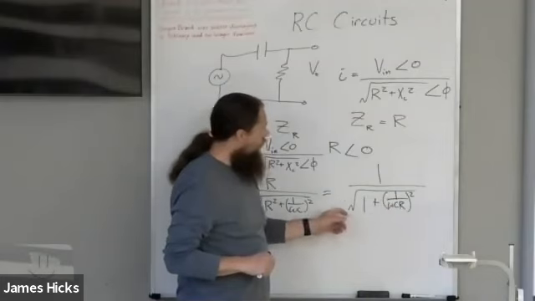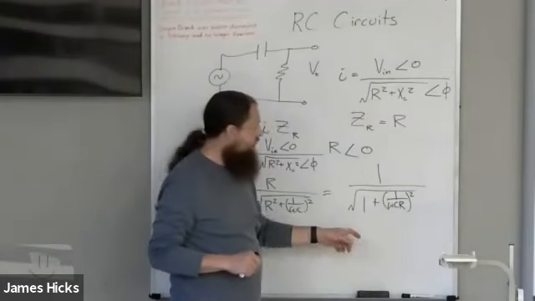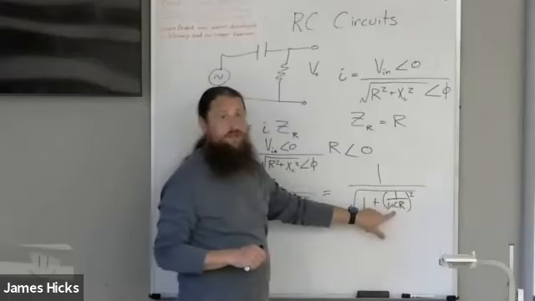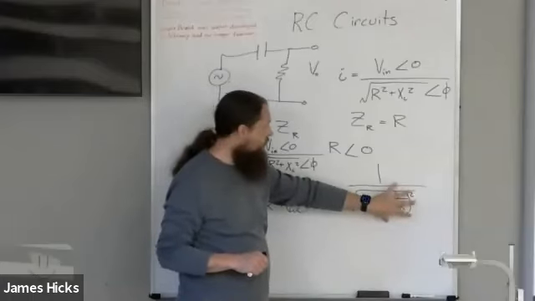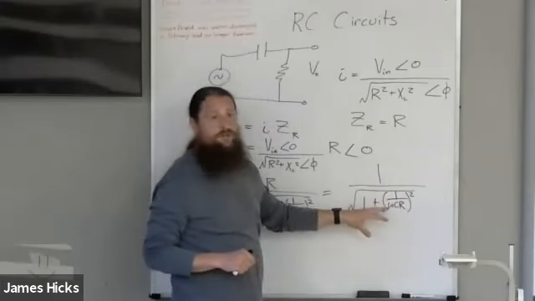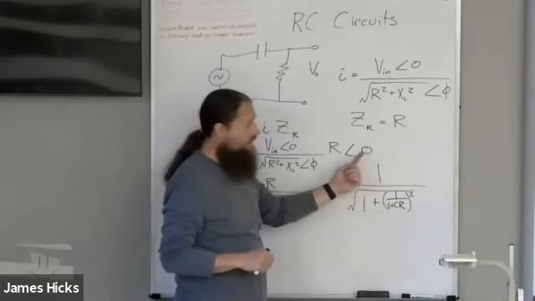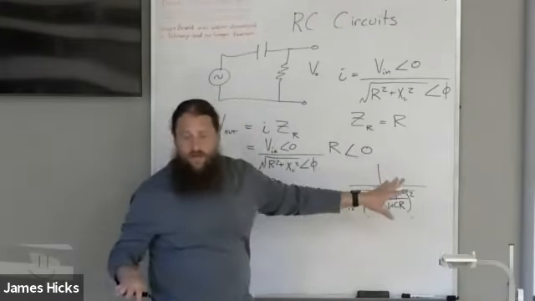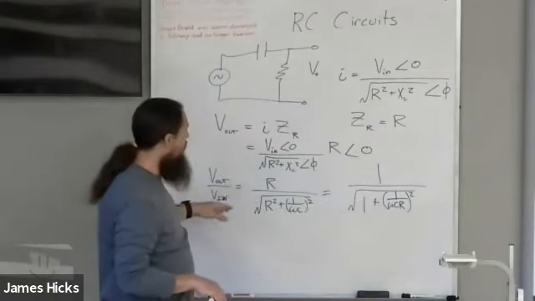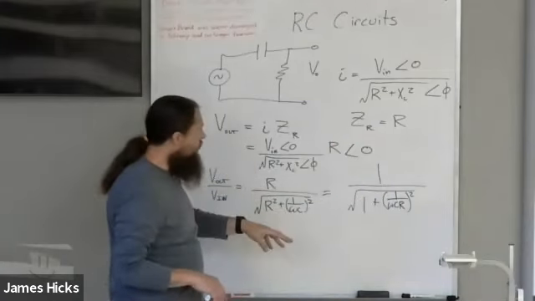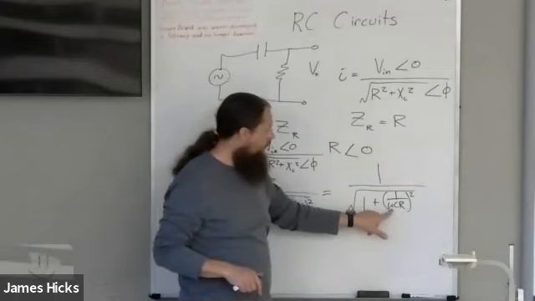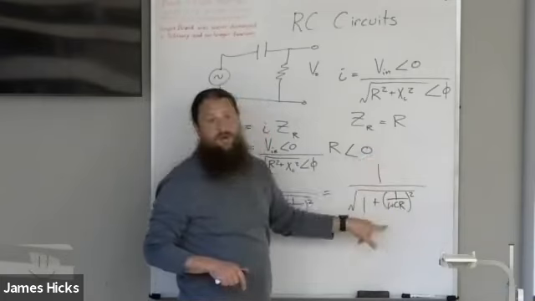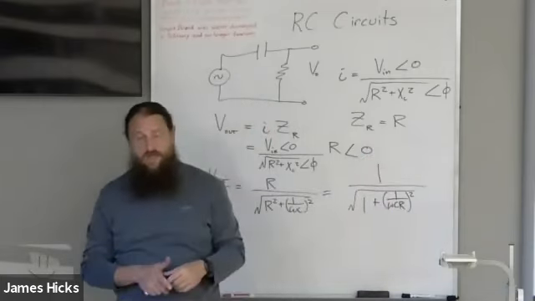When we go to high frequencies, omega is big, 1 over something big is small, so it's 0. So at high frequencies the output is about 1, unity. High frequencies get through. For low frequencies, omega is really, really small. This is a large number. 1 over a large number is small.